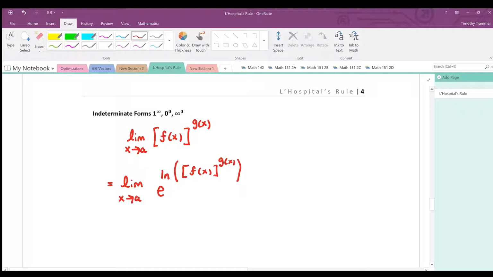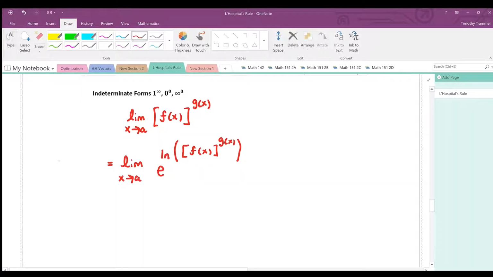So this is equivalent. And then the next thing I'm going to do is apply a log property. That log property is I'm going to bring the g of x in front of the natural log. So we have e to the g of x times the natural log of f of x.